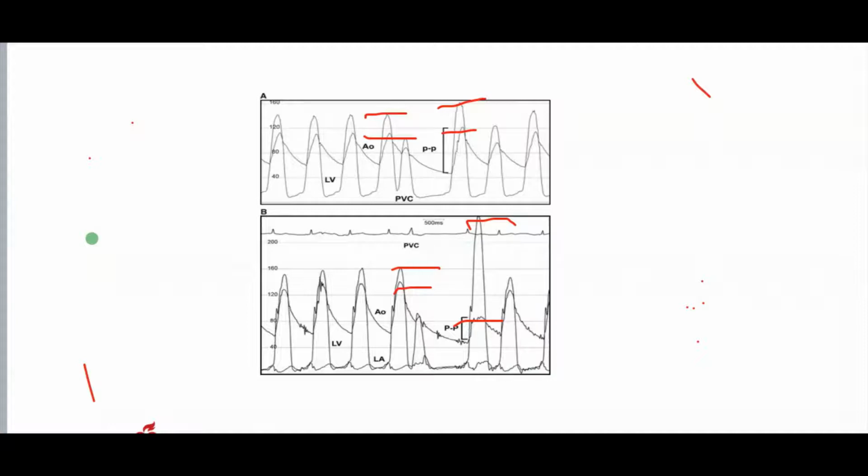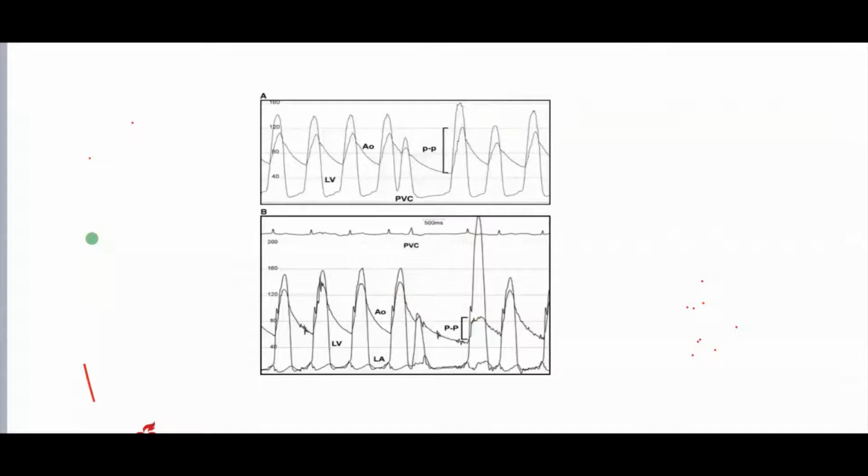As far as this is concerned now, we have a PVC that led to an elevation in the gradient in fixed stenosis and elevation in the gradient in dynamic stenosis. So how can we make a difference between the two? The difference is that in the fixed aortic stenosis, there is increase in the pressure in the aorta and LV at the same time, but still the gradient is increasing.